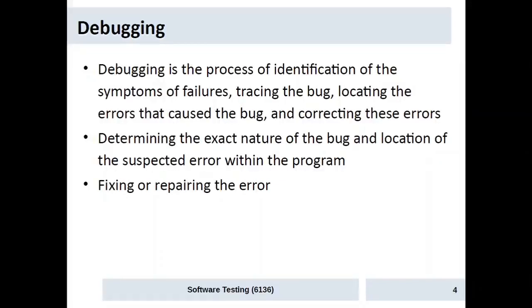And the second part is, if the output of the testing is not successful, then we need to find the bugs that caused the failure and remove the errors present in the software. So we need to identify, analyze, and remove the errors.